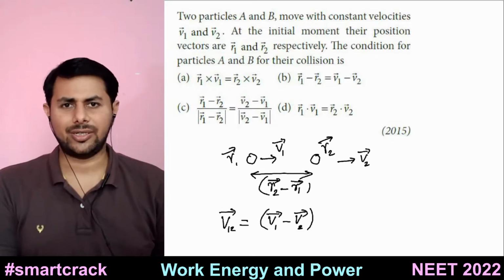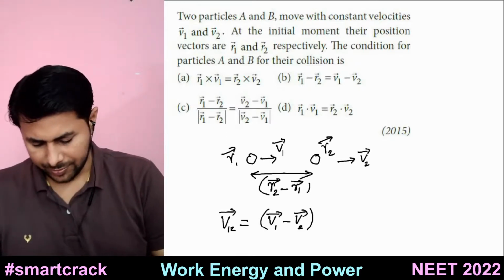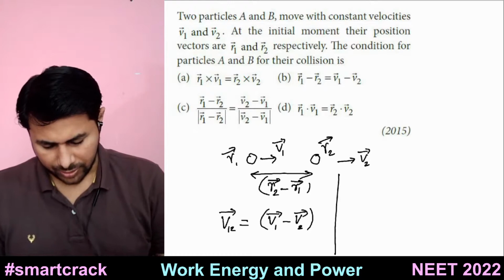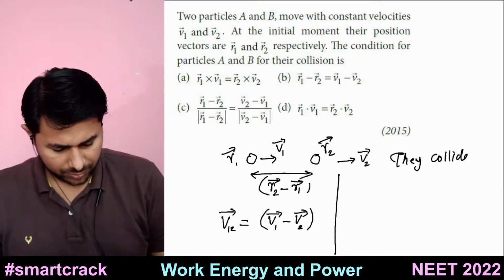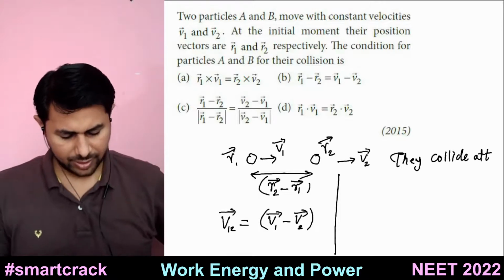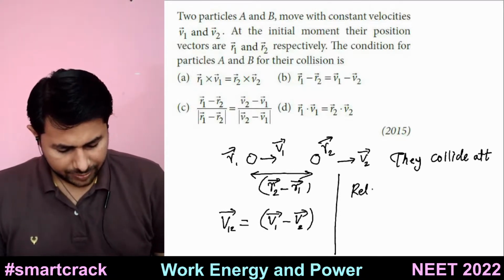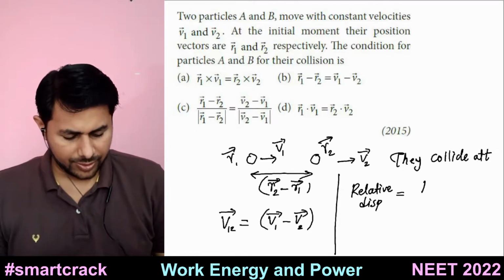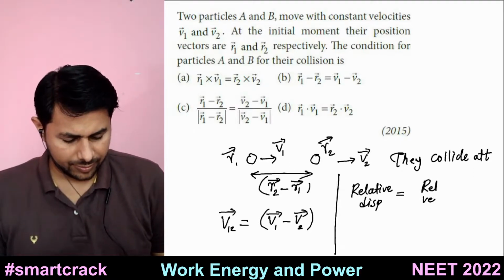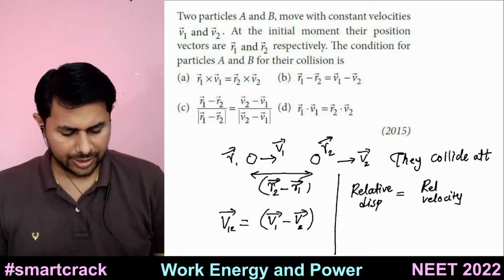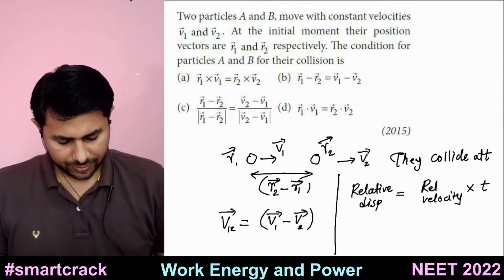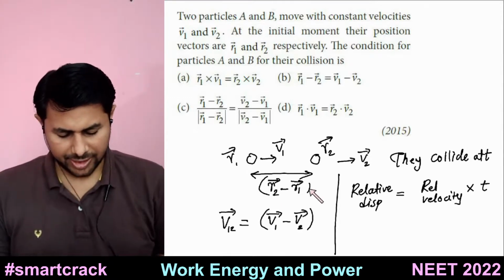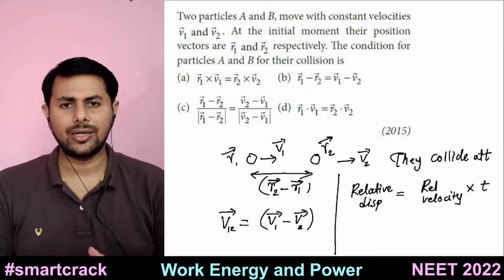So at some time t, let's suppose they collide. Then relative displacement will be relative velocity multiplied by time. What is the relative displacement to be covered by the first body?